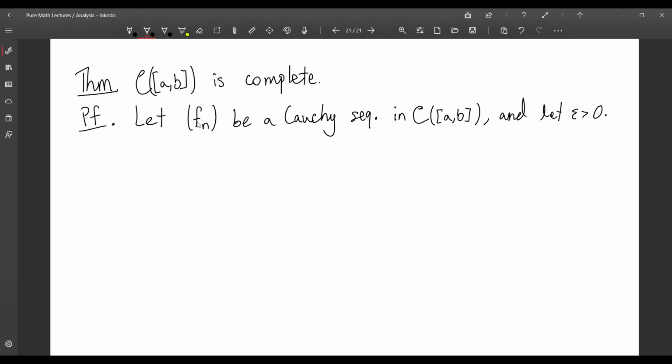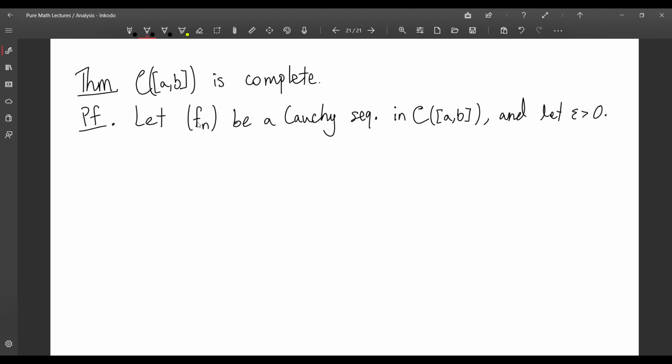So we have to show that there is some function f in C of AB such that the f sub n converge to f. Okay.